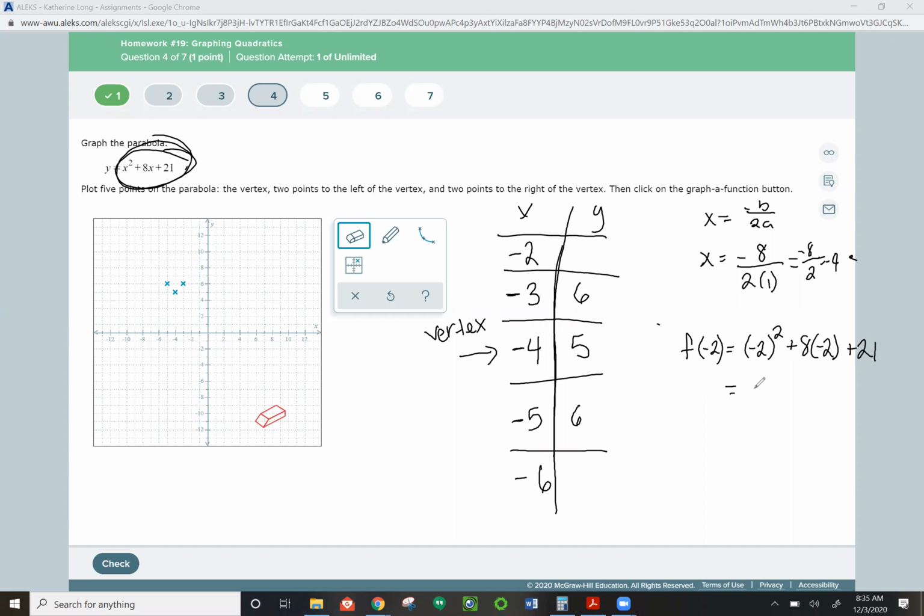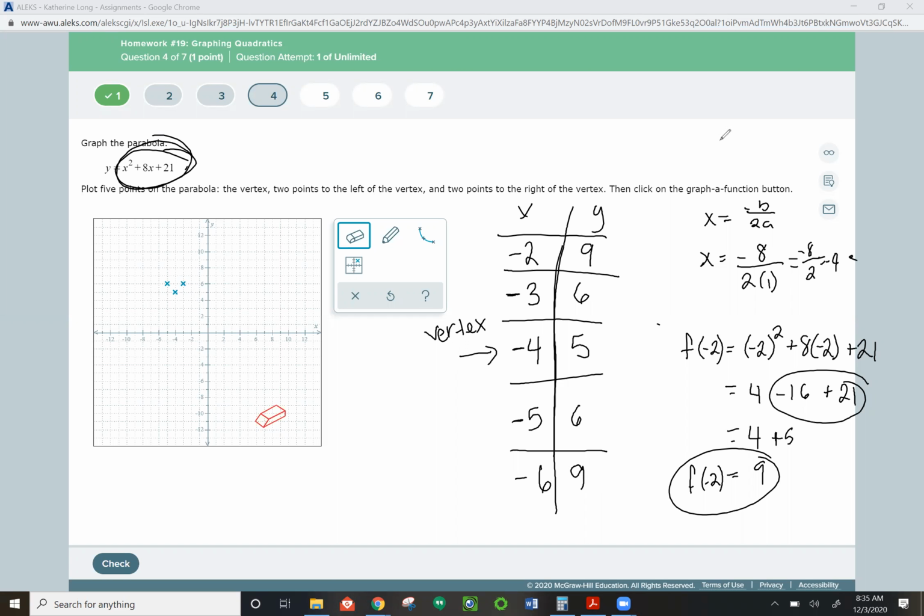So f of -2 equals a +4 minus 16 plus 21. -16 plus 21 gives me a +5. So this equals 9. So f of -2 equals 9. So since we are symmetric with the vertex, I know that this will also be 9.